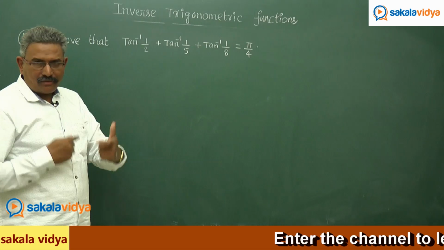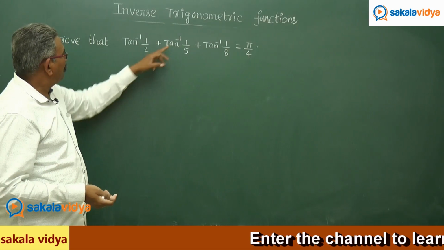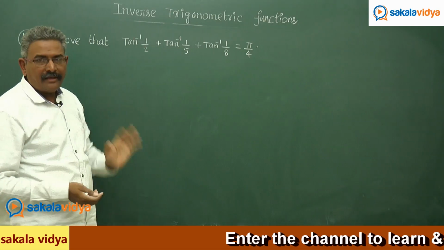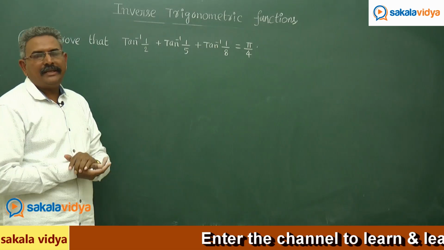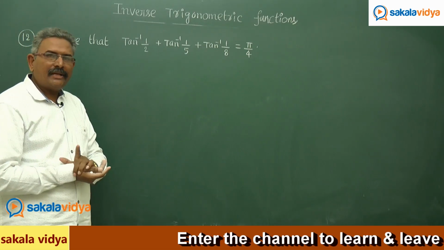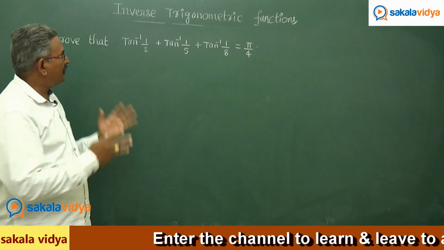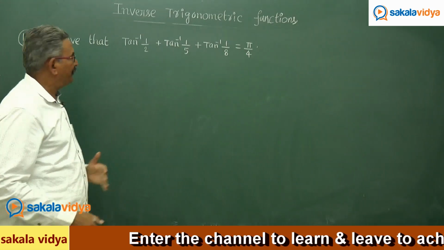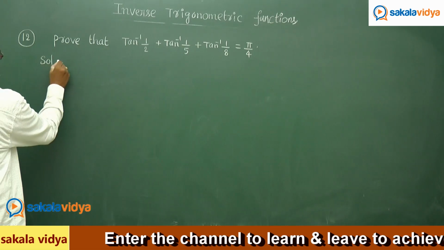X greater than 0, y greater than 0, xy less than 1. Then we add tan inverse 1 by 8 and check our solution. If you get tan inverse 1, that is nothing but pi by 4. So this is the strategy to be followed in this problem.